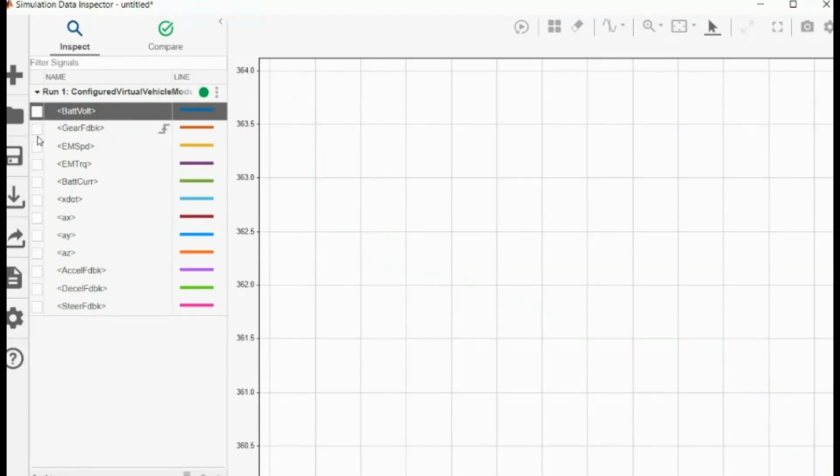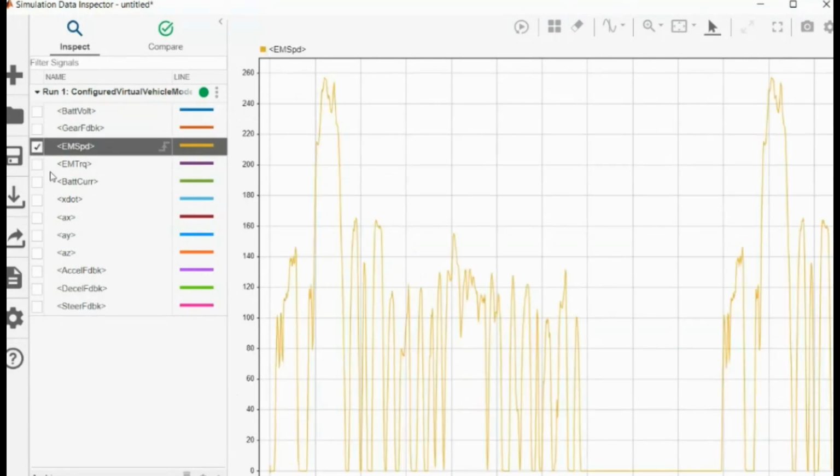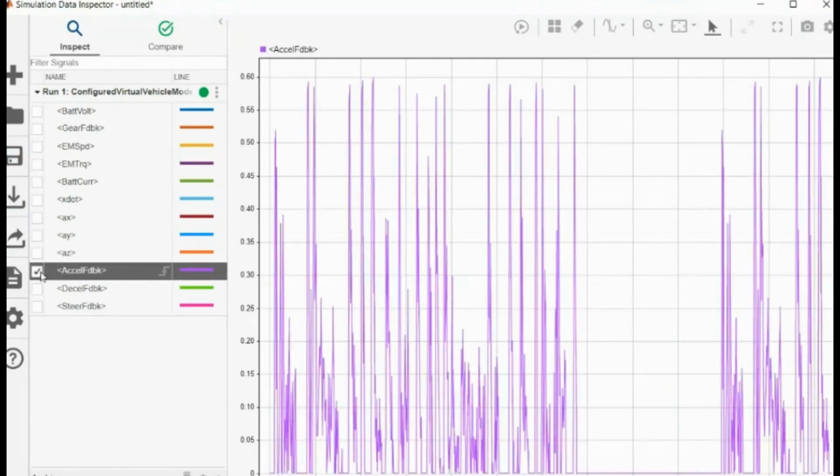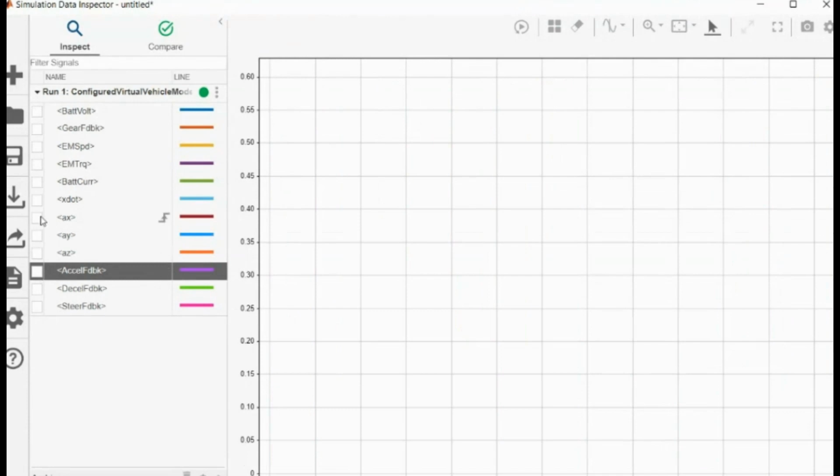And I have my electric machine speed, e-motor speed, for this drive cycle, over the time it's rising from, let's say, 0 RPM to 260 RPM, and so on. And this is my torque, acceleration feedback, battery current.